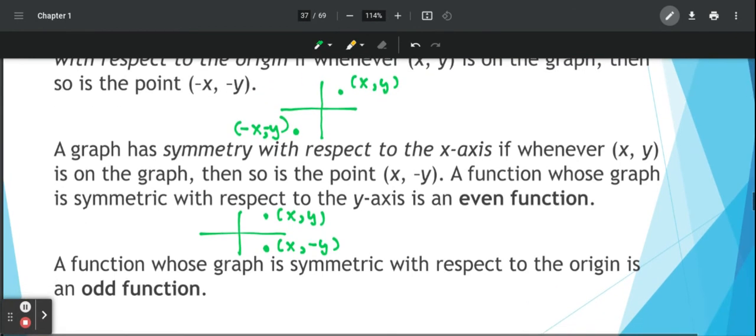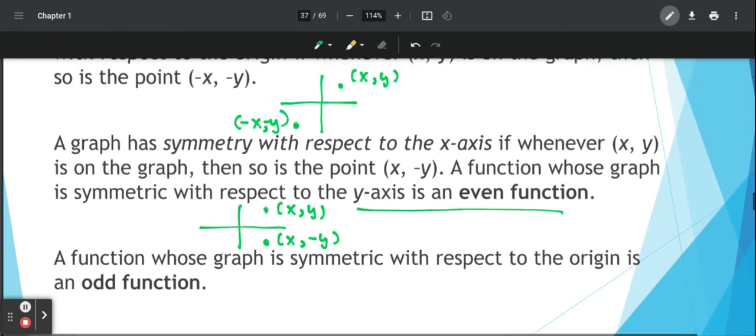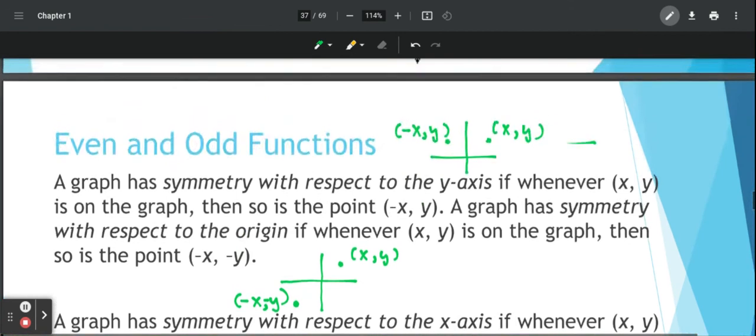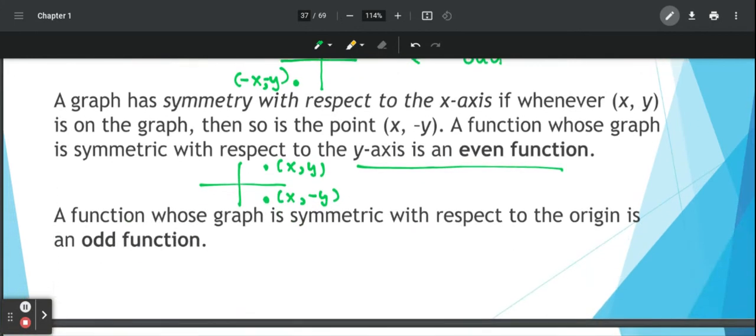So what we find is that graphs that have symmetry with respect to the y-axis are even. So if we were to go back up here, a graph that looks like this would be an even function. If you have symmetry around the origin, it's an odd function. And if you're symmetric with respect to the x-axis, it's actually not a function because it wouldn't pass that vertical line test.